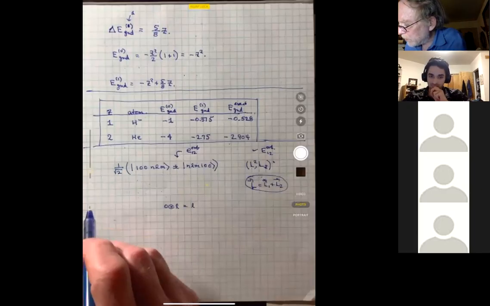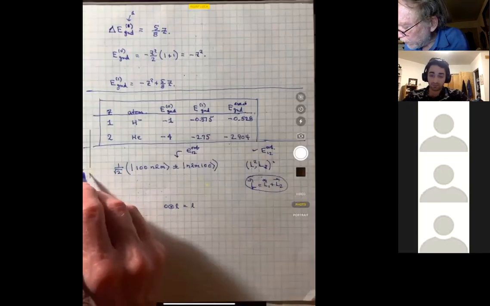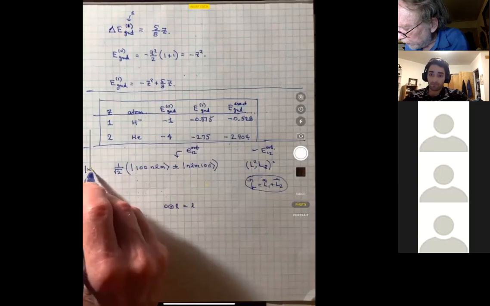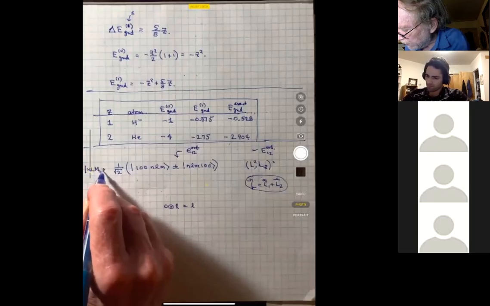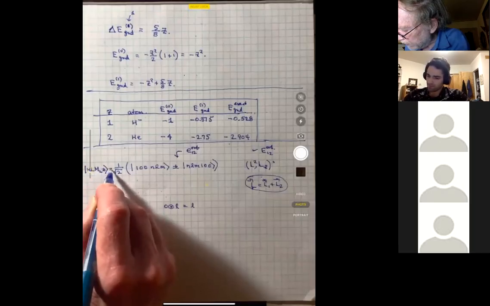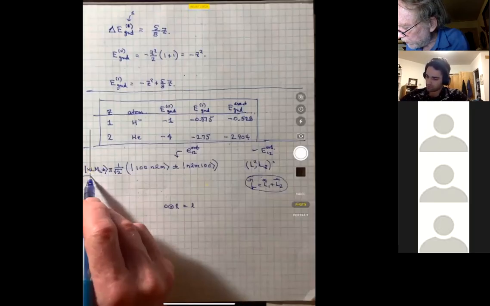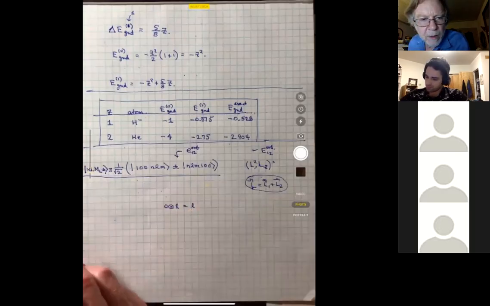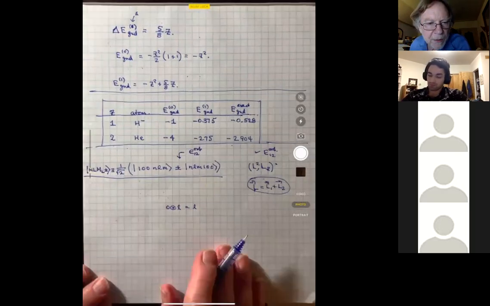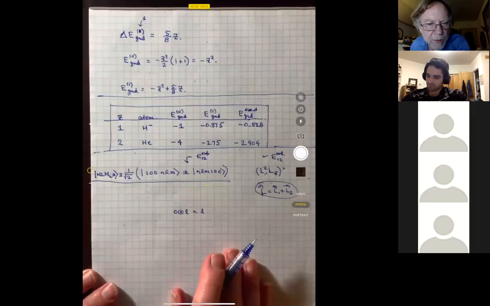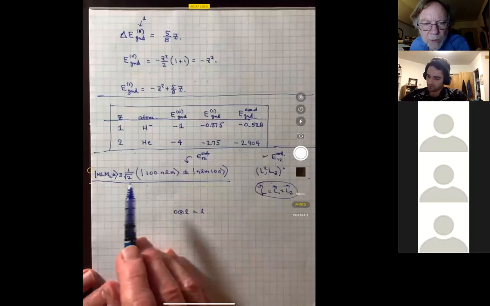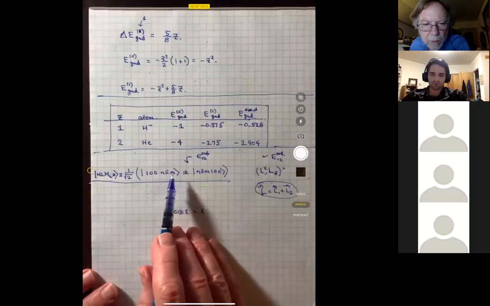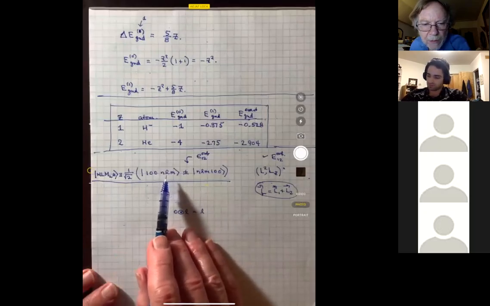Let's do this notationally. Let me write this, see if I have room to write this here. Let's write this as capital N, capital L, capital M sub L, and plus and minus. And let's define this to be this state here. I hope you can read that. And I'm using capital letters here because I want to use capital letters to indicate the quantum numbers of the entire atom, whereas I use lowercase letters for the quantum numbers of the single electron.